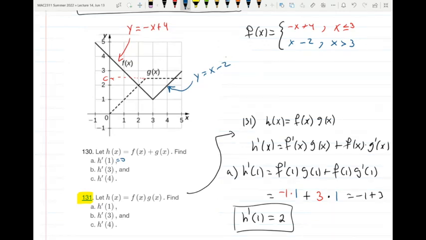So when you add that with the slope of g, which happens to be 0, you're going to get different values on each side: negative 1 on one side, 1 on the other. So the derivative is not going to exist. Do you understand this? You can write out the definition, the limit, and so on, but at the end of the day, you're going to end up with something similar to what we had before. Okay? So it does not exist.